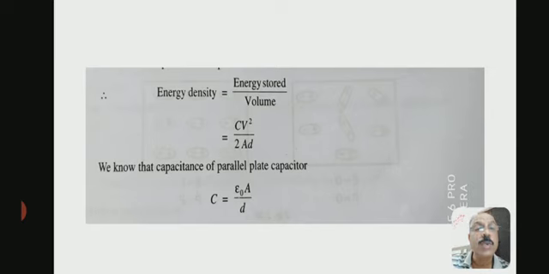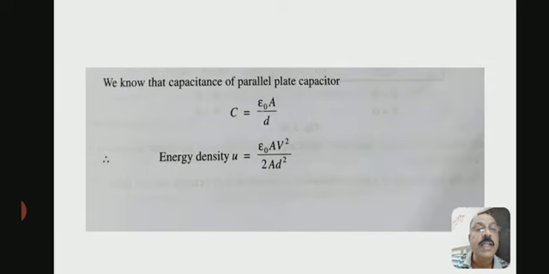We know that the capacitance of a parallel plate capacitor is given by C equal to epsilon naught A divided by d. Therefore the energy density small u is equal to epsilon naught A V square divided by 2 A d square.